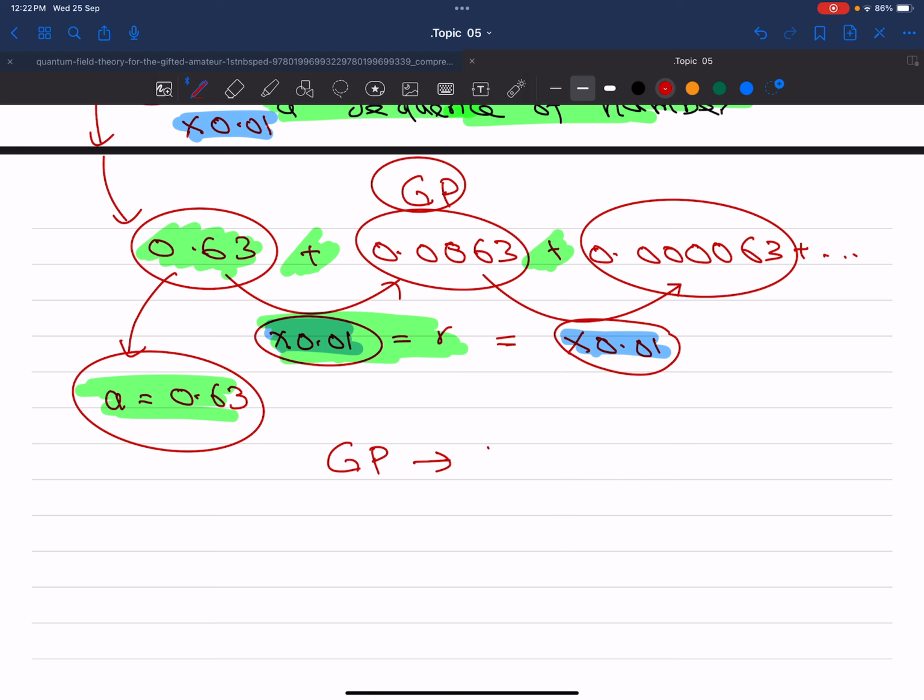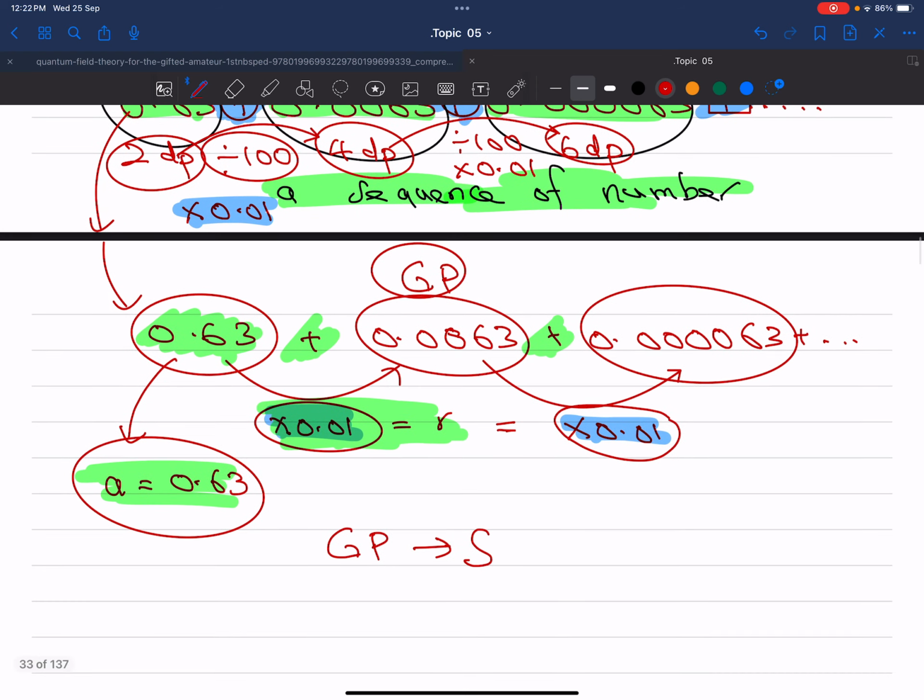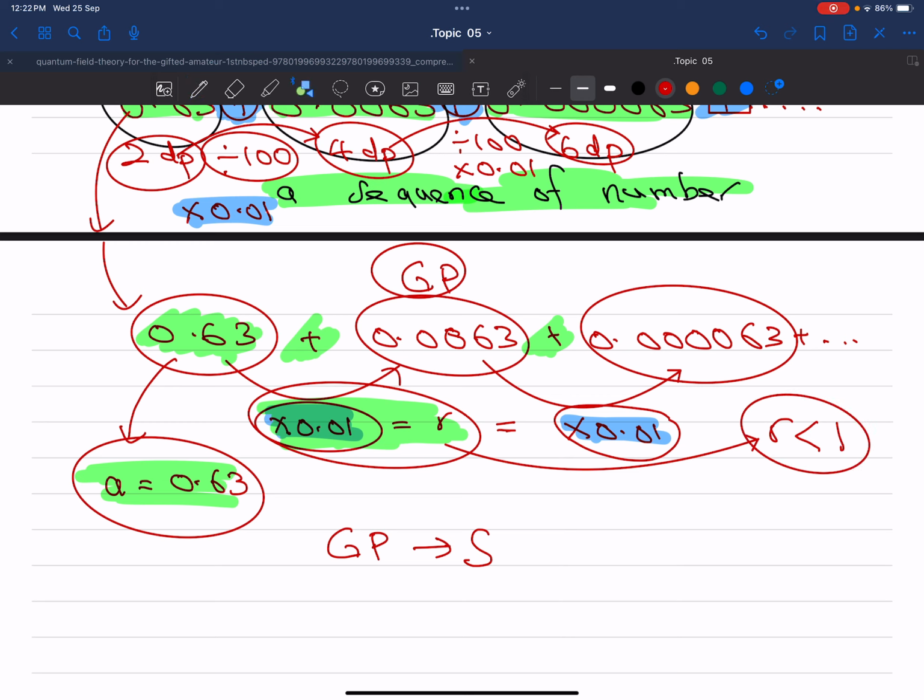But you notice that the R we got is less than 1, and the terms continue, getting smaller and smaller.